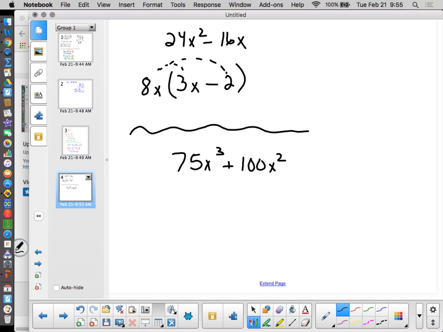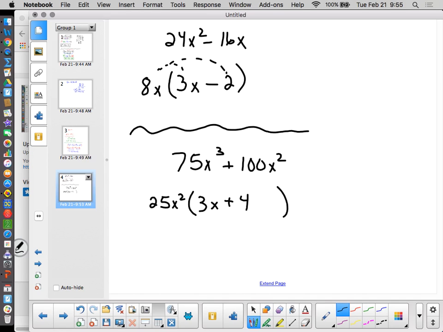Again, I have to think about what my common factor is. Between 75 and 100, that's 25. X cubed and x squared, the largest number of x's that is common is 2. 75 divided by 25 is a 3. X cubed over x squared, that leaves 1x there. 100 divided by 25 is 4.